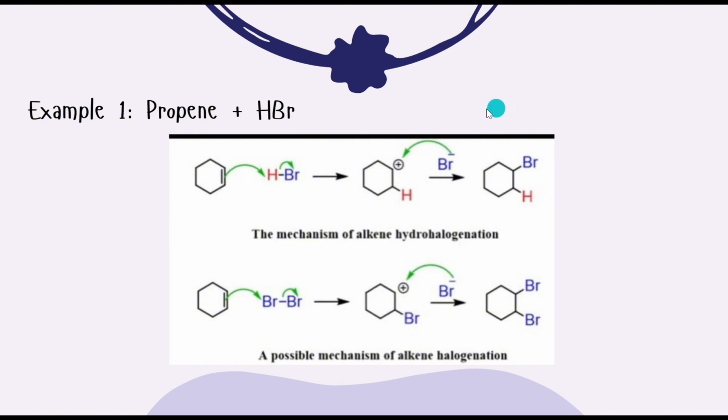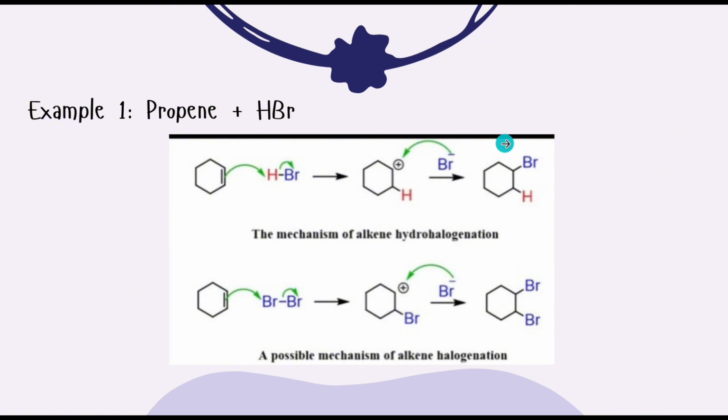This shows the reaction of an alkene with hydrogen bromide: the double bond of the alkene attacks the hydrogen of hydrogen bromide. This forms the carbocation intermediate. Then the bromide ion attacks the carbocation, resulting in addition of hydrogen and bromide across the double bond.